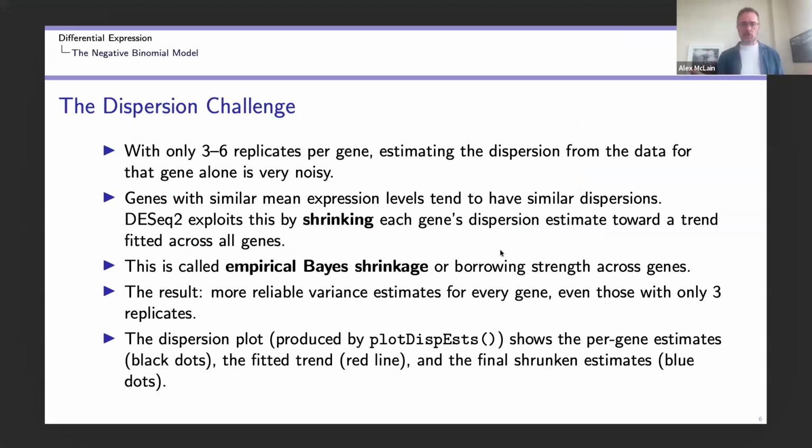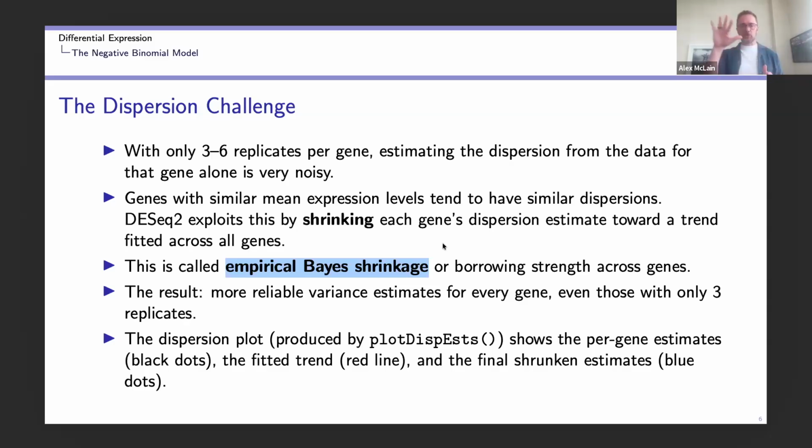And we want to control for that. DESeq2 is going to do this for us. It uses something called empirical Bayes shrinking. We're not going to talk about the details of it, but it takes the dispersion parameters for all genes in our data set, and it looks for a trend between the dispersion parameter and the mean of the normalized counts.